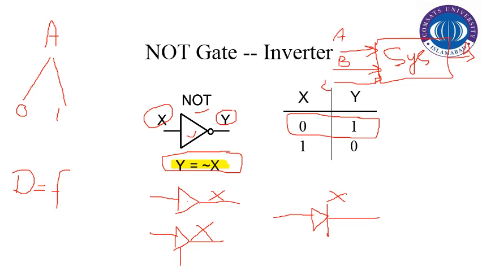So D is a function of A, B and C, and how this output is related with these inputs, basically the Boolean function describes that. Boolean functions relate the outputs with the inputs and how those inputs are processed in order to generate that particular output.